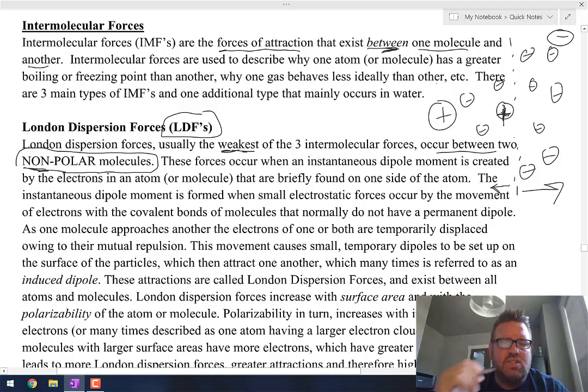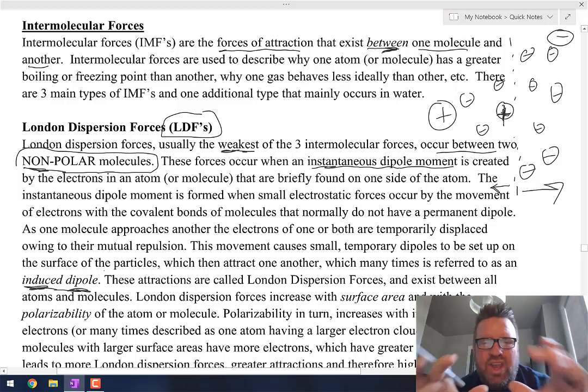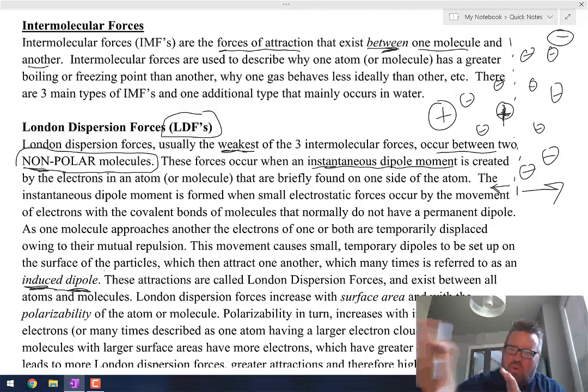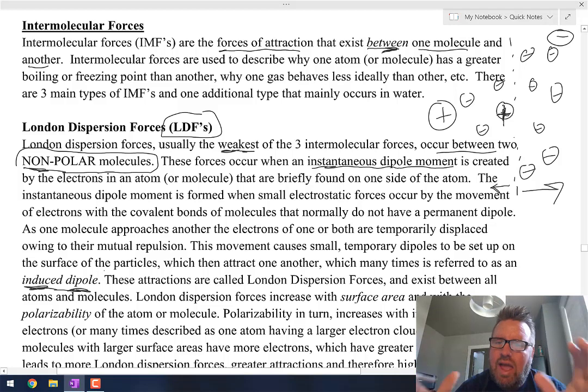Okay? And what that is called is an instantaneous dipole moment. Sometimes we often refer to it as an induced dipole. Like, we know that it's nonpolar, but still, even though it's nonpolar, if more electrons are on one side than on the other, then you do get this instantaneous or induced dipole, that you do have a negative side and a positive side even in a molecule that is nonpolar.